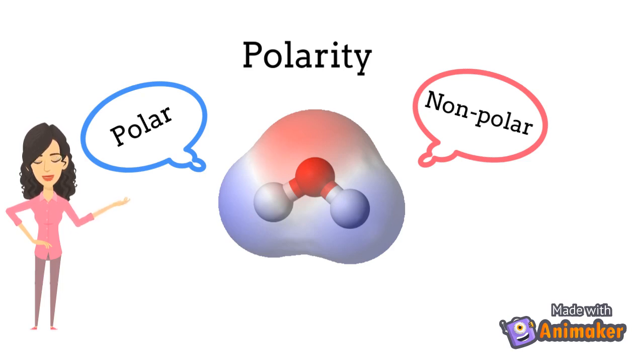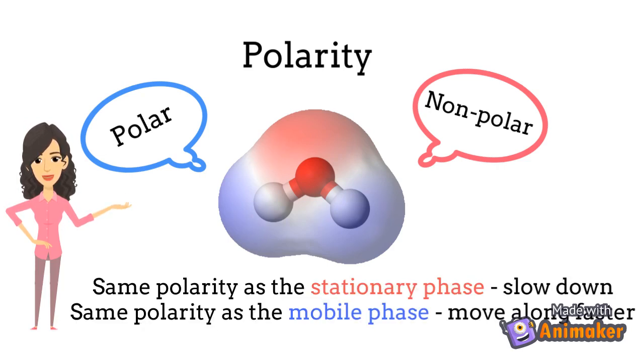For an effective chromatographic separation system, making the mobile phase and the stationary phase with different polarities creates a competition for the different sample compounds. Since the compounds in the sample have different polarities, compounds which have the same polarity as the stationary phase will slow down because they are attracted to the particles. Any compounds that have the same polarity as the moving mobile phase will move along at a faster speed.